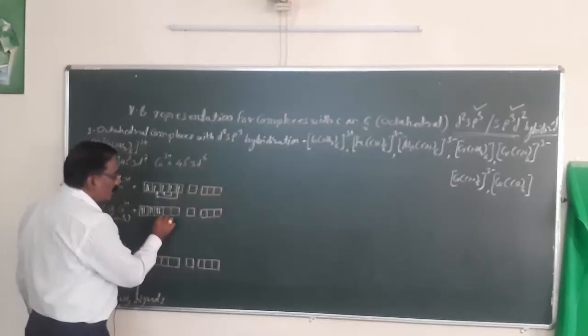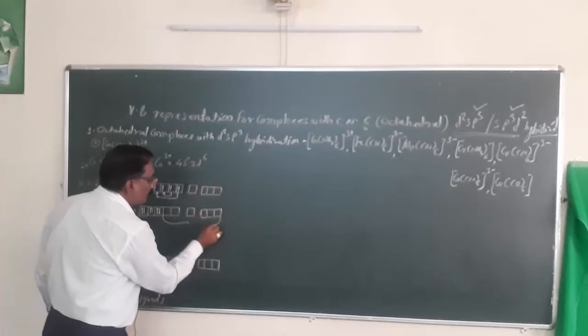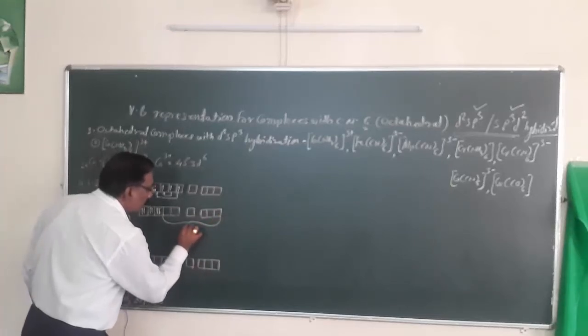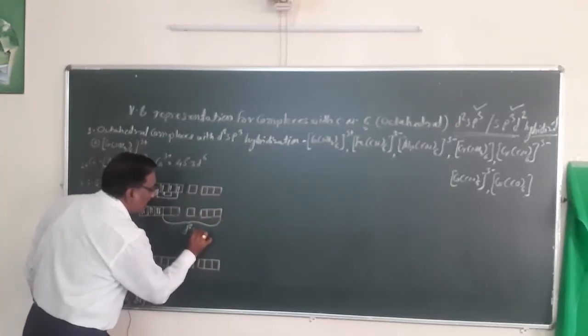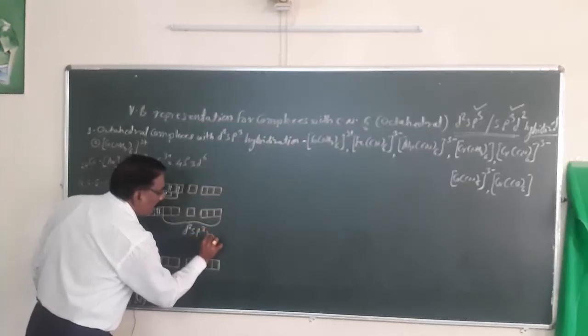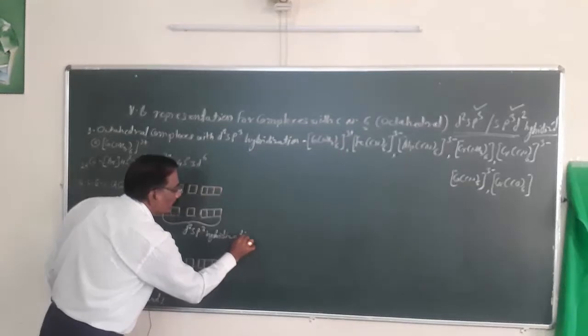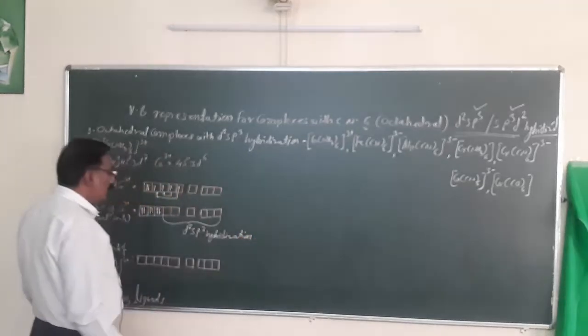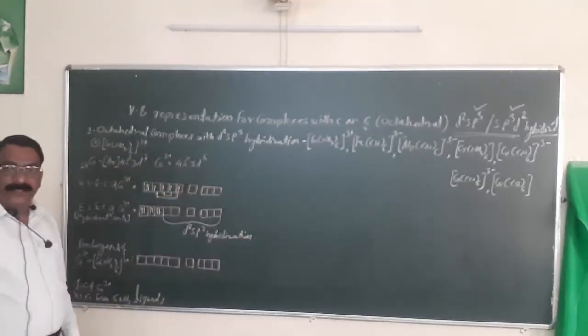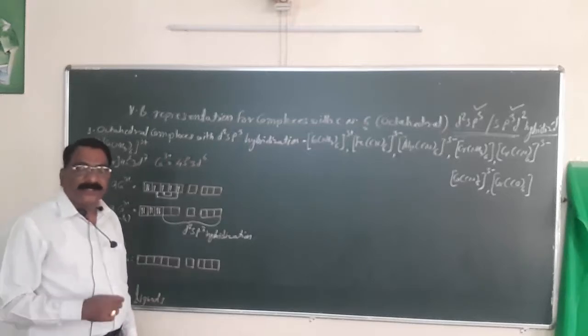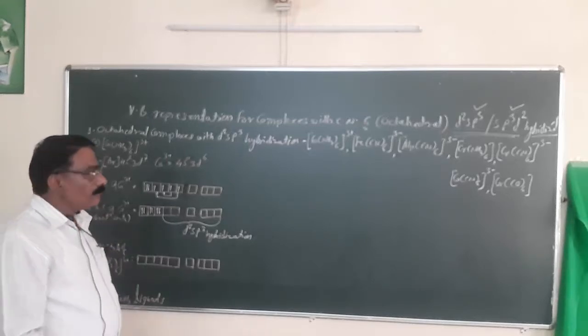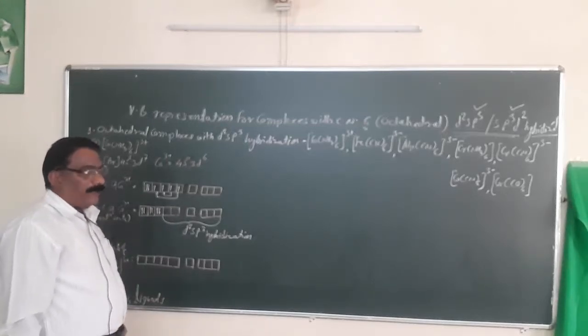Then it undergoes d2sp3 hybridization. Once it undergoes the d2sp3 hybridization, it shows octahedral geometry.